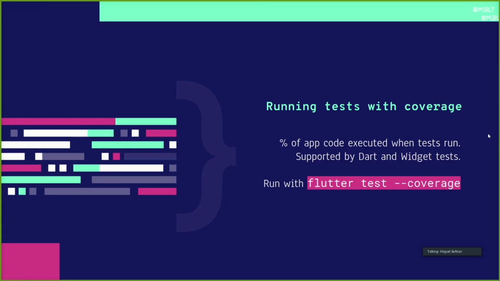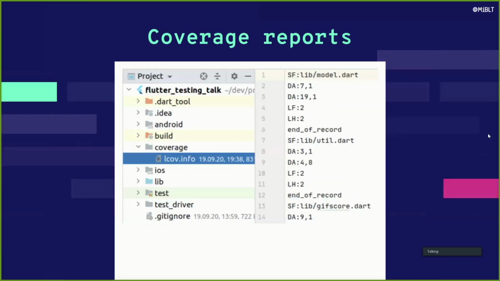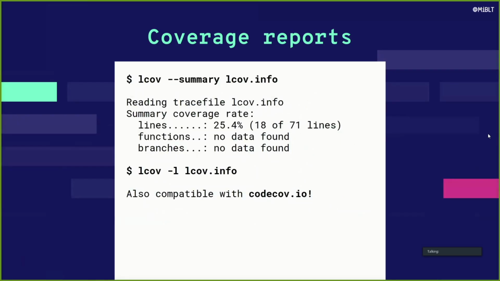To generate the coverage reports, run Flutter tests with the option coverage. And this will generate a file called lcov.info inside your coverage folder. If you open it, you will see that it contains some weird data that doesn't really tell us what the actual coverage is. For that, we need to use a tool called lcov.